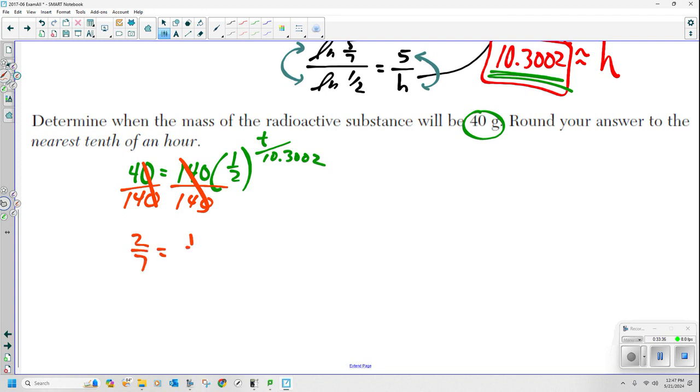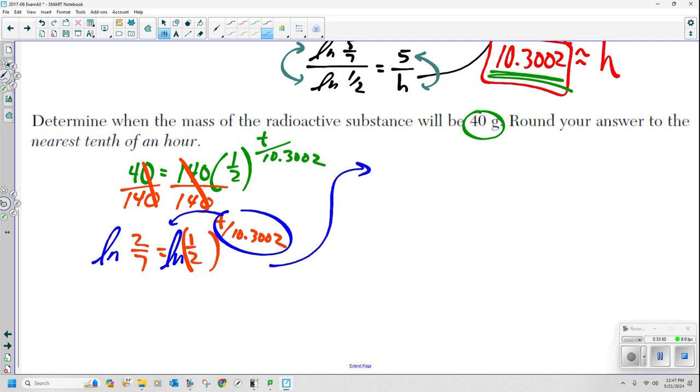And I have 1/2 to the T over 10.3002. Again, I need to take the ln of both sides, and my exponent will come down. So let's rewrite this. I've got the ln of 2 over 7 equals T over 10.3002 times the ln of 1/2.